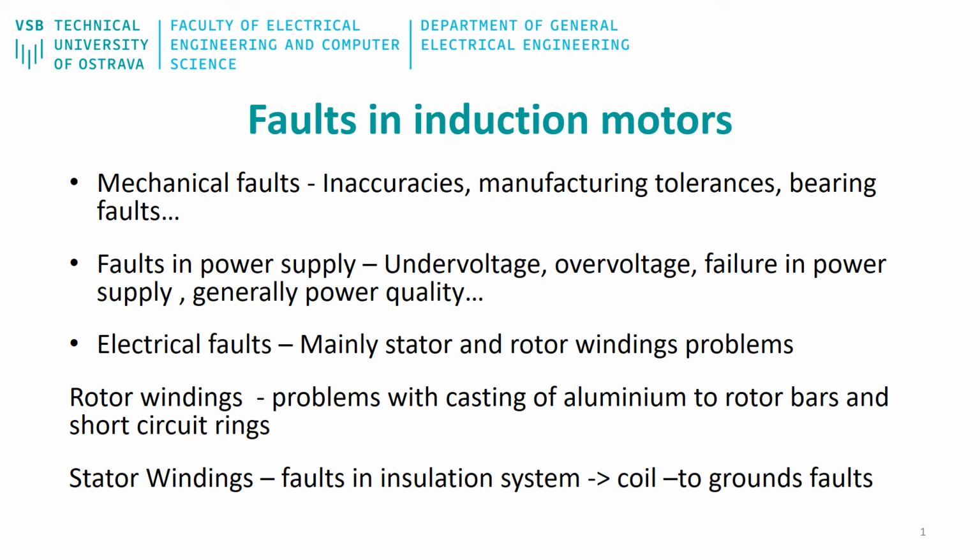For the stator, this is the topic of faults in the stator winding and therefore in its insulation system. These problems are represented by coil-to-ground faults. We are therefore demonstrating our development for this topic.